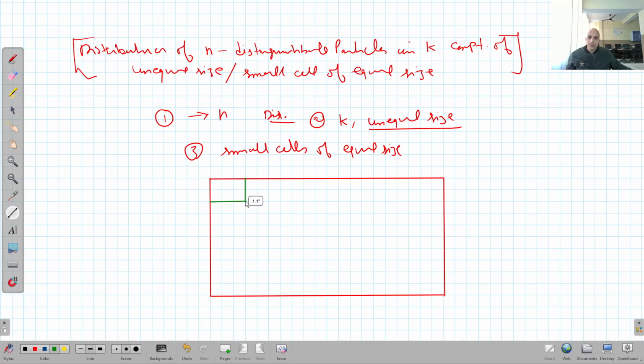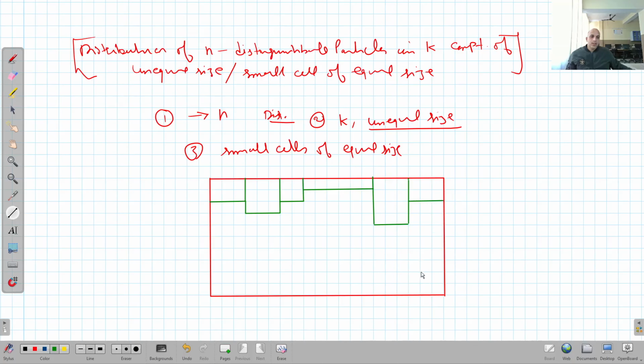This is compartment number one, this is compartment number two, this is compartment number three, this is compartment number four, and this is compartment number five. This is compartment number six.